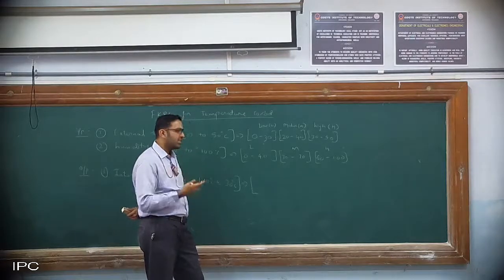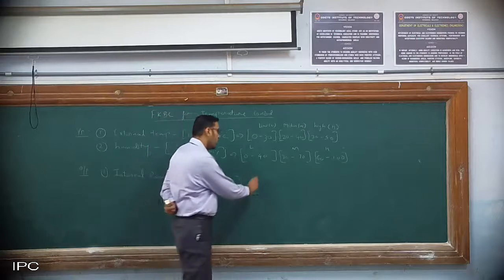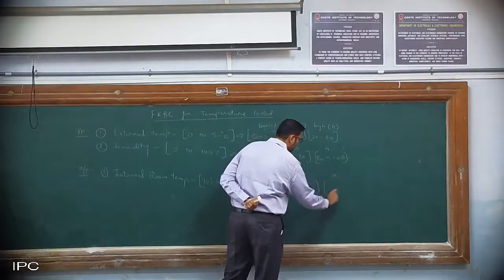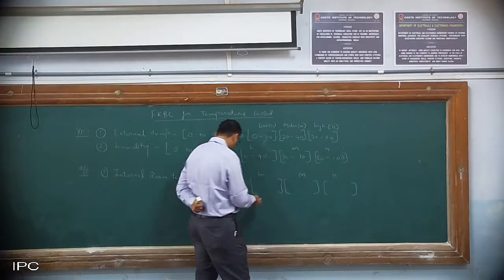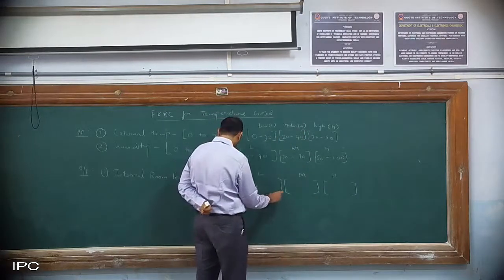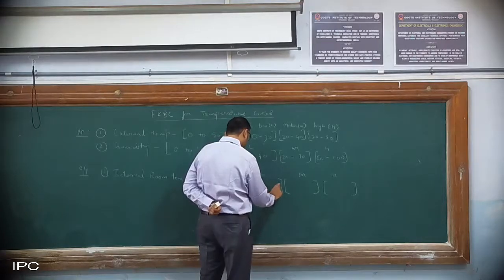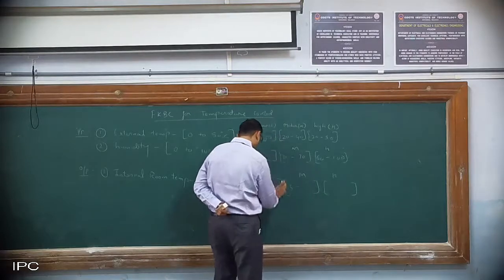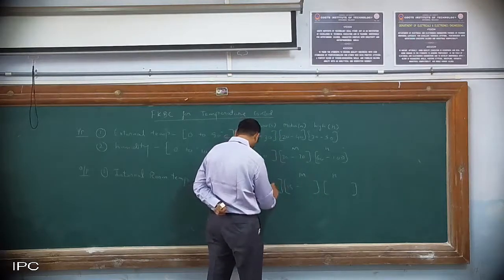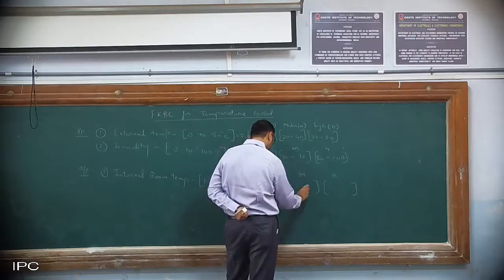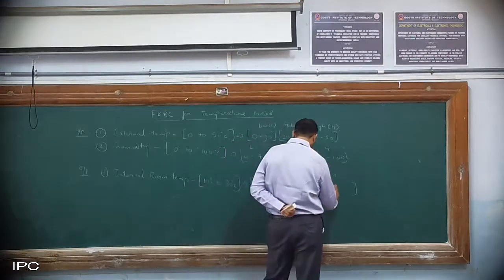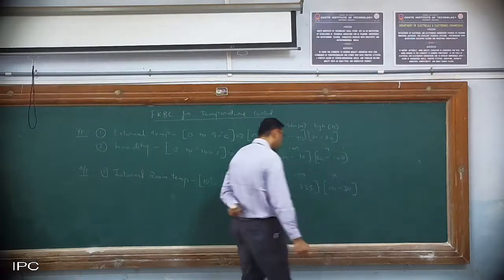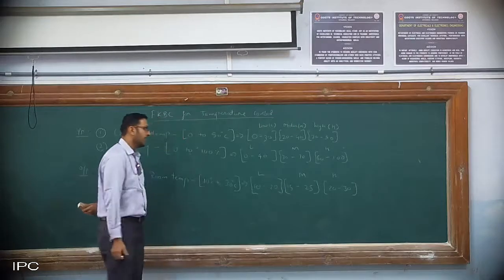But for simplicity, as I said, we will stick with low, medium, and high. The low range is 10 to 20, then 15 to 25, and then 20 to 30. So these are the ranges we have selected.